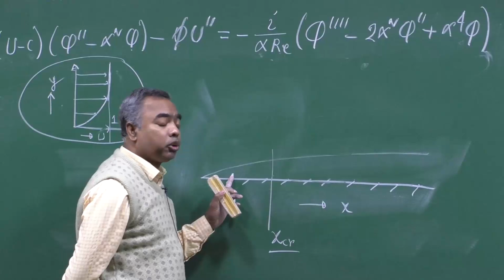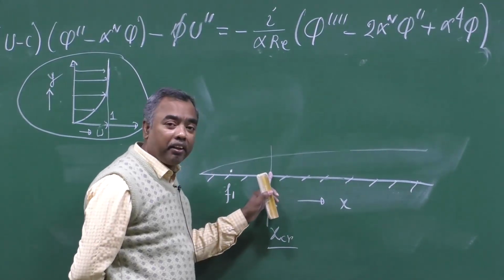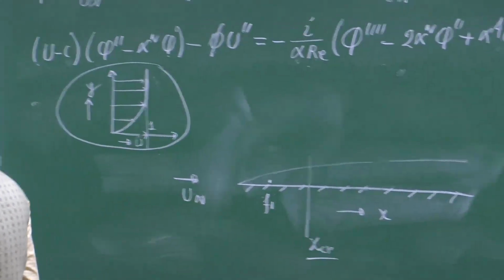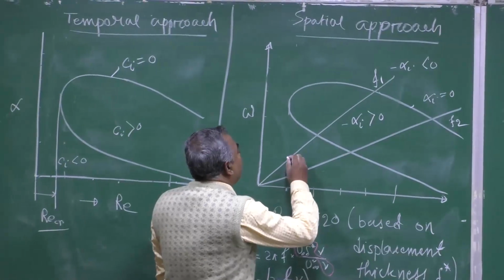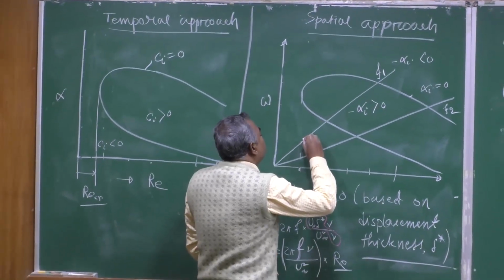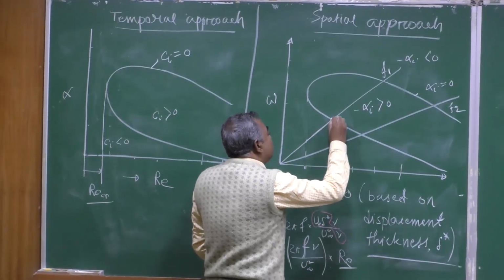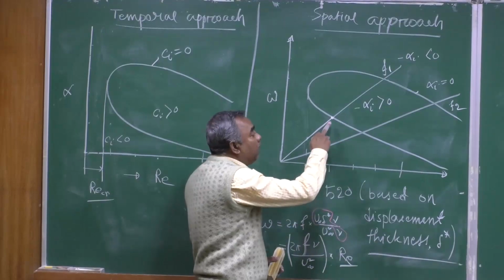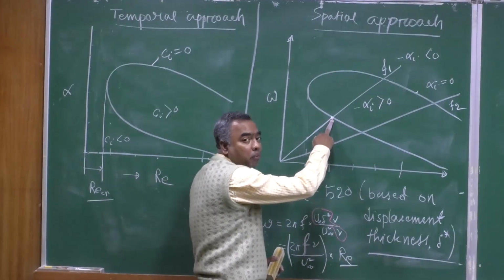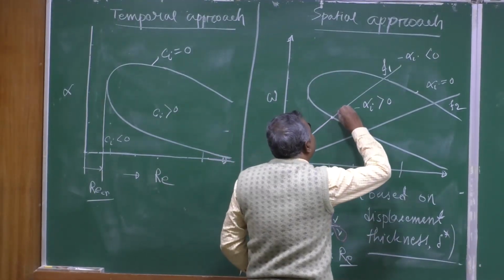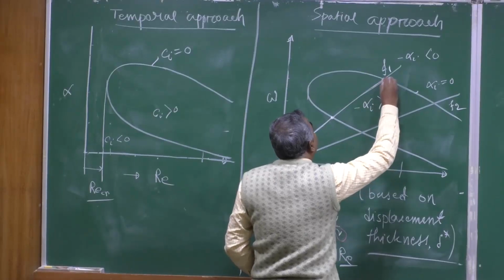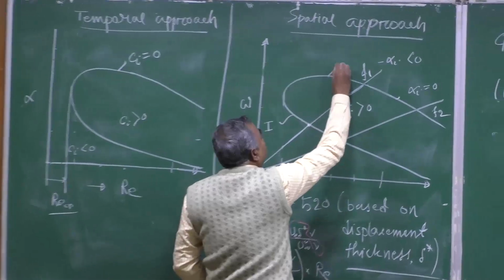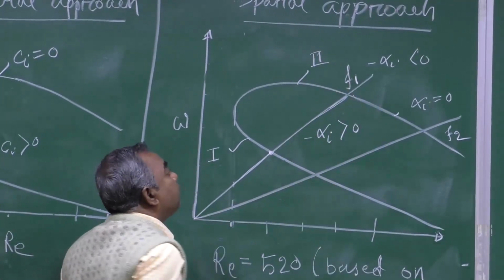So, this 50 hertz is not going to grow till it reaches this point. From this diagram, what do you say, that this particular wave is going to decay till this. The moment it has reached that critical location, for this particular wave, it will start growing, and this particular branch is called branch 1 and this particular one is known as branch 2.